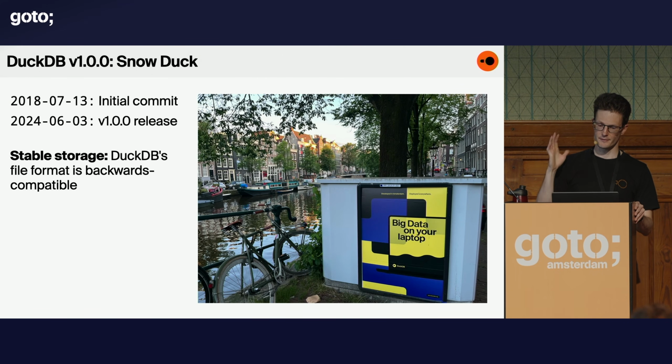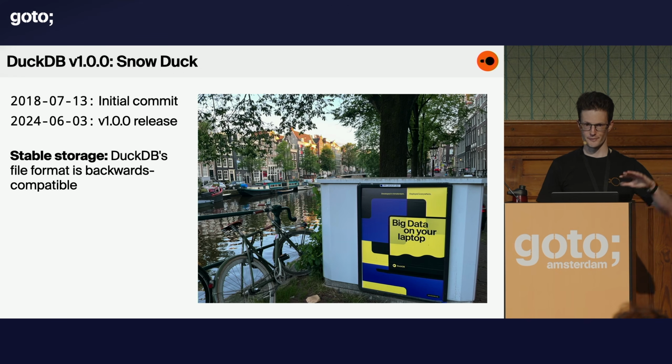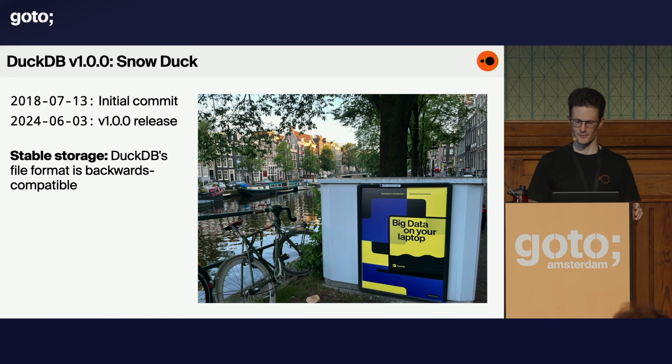We said this is a DuckDB version where if you create a database, new versions will be backwards compatible with those, and you will be able to read this DuckDB file for the next 5 to 10 years. And to celebrate this, we actually had these big data on your laptop posters scattered across Amsterdam. You can see the very nicely composed picture with the canals, the bike, and the DuckDB poster.